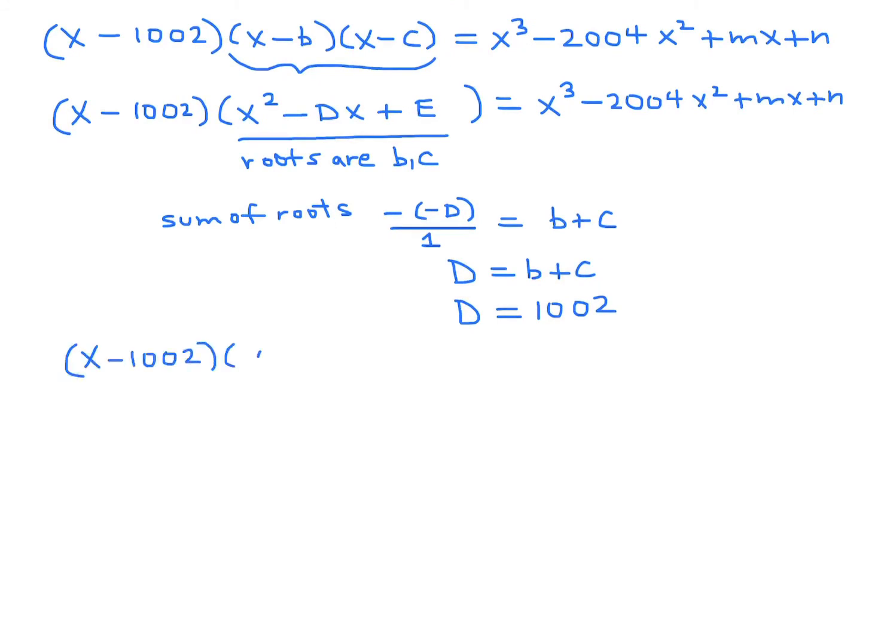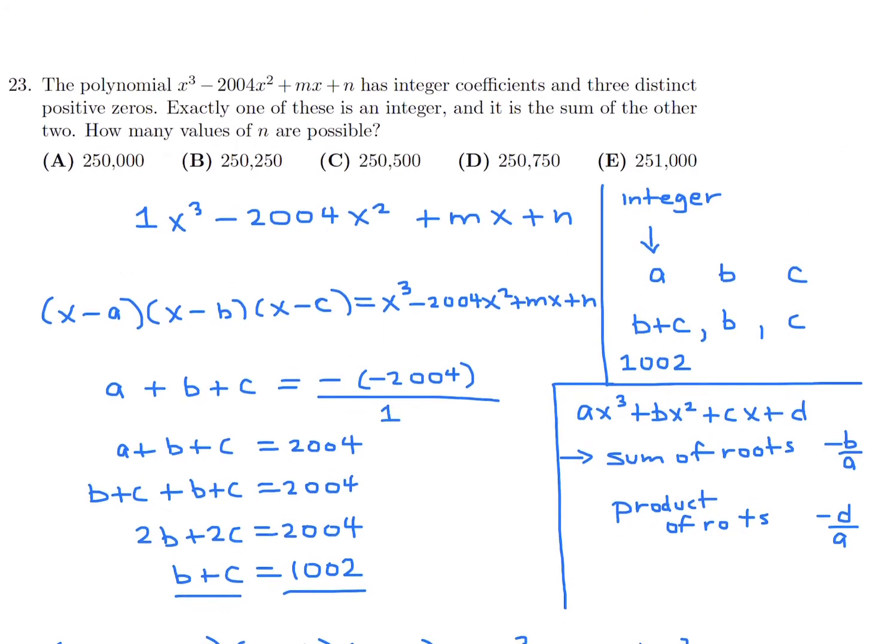x minus 1002, x squared minus 1002x plus e is equal to x to the power of 3 minus 2004x squared plus mx plus n. All right, at this point you probably forgot what the question is even asking. That's what happens sometimes with these long questions.